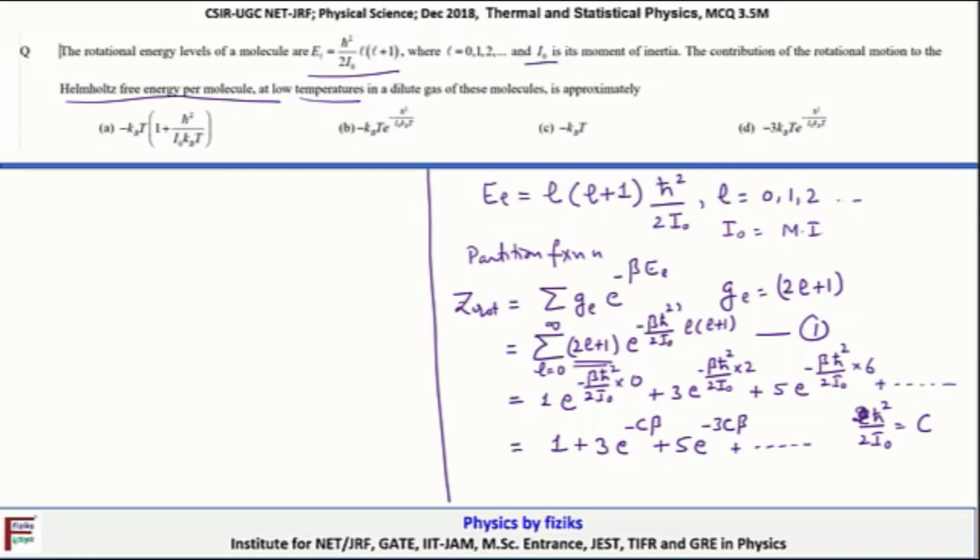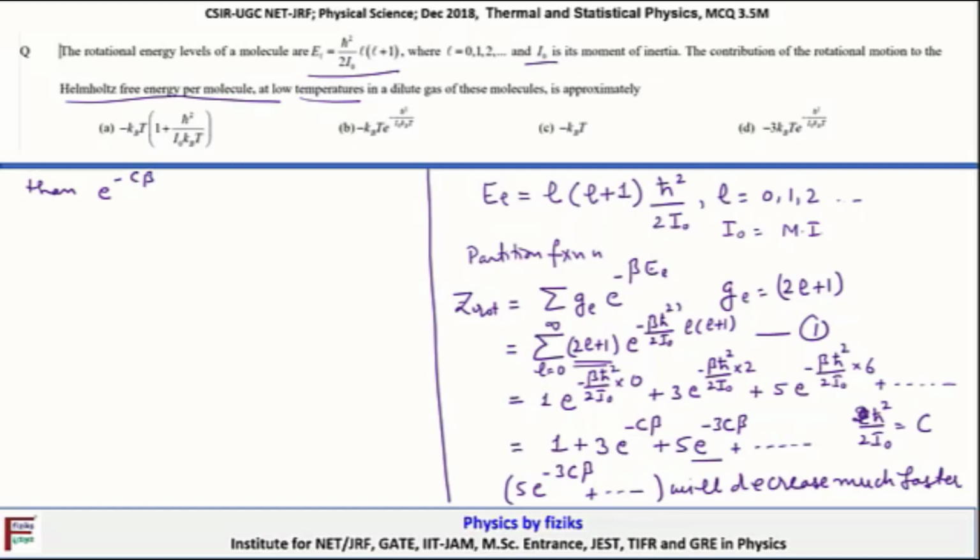Now if we take a look at the expression, we have to find the partition function at low temperature. In that case, the term 5 exponential minus 3 c beta and the higher order terms decrease much faster than the exponential minus c beta term.